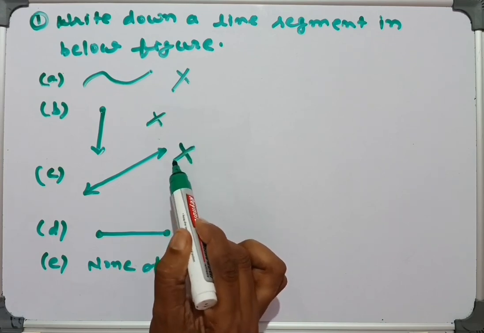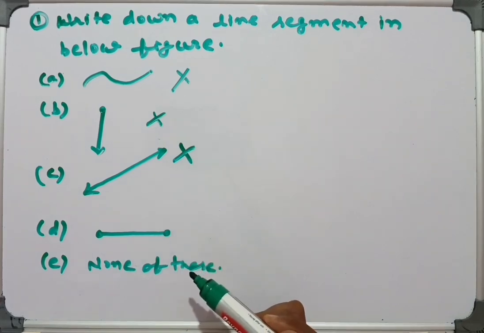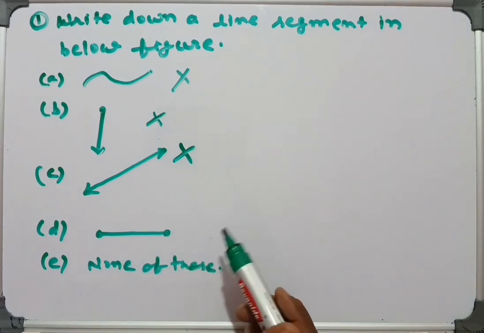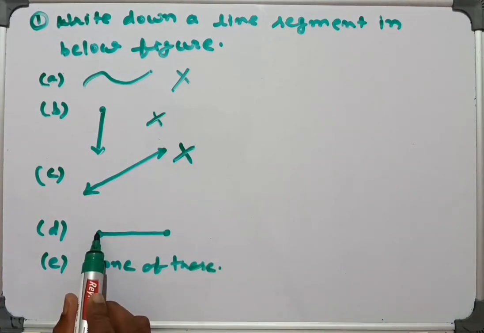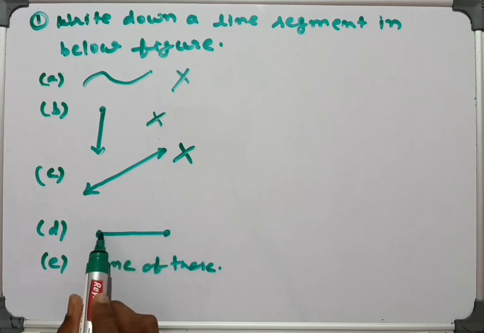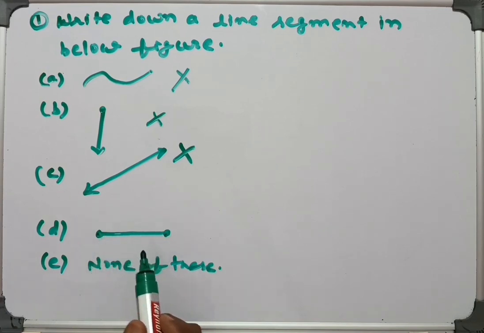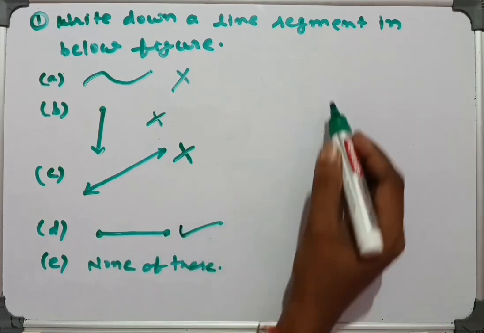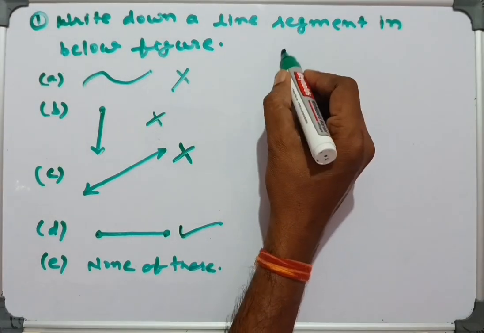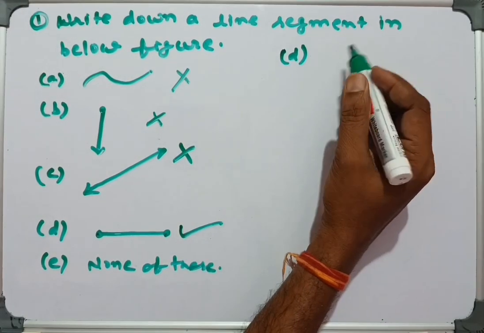And the option D, see, these 2 points are fixed here and the length is also fixed, so as per definition of a line segment, this answer is correct. So the correct answer is D here.